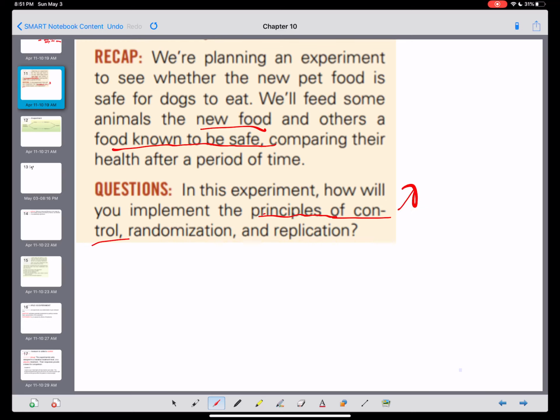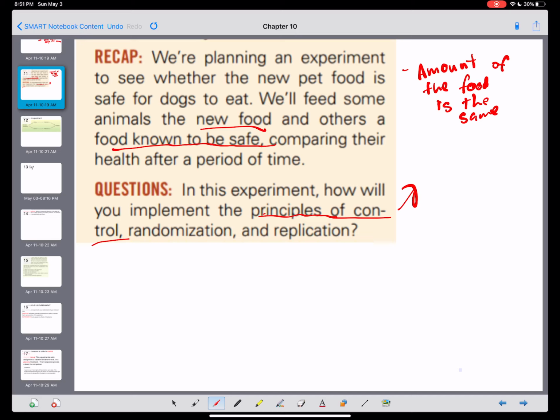Okay, what you need to do is make sure that whether they're on the new food or the old food, everything stays the same. So the amount of food is the first thing. The amount of food is the same. You want to make sure that the portions are the same within your two groups.